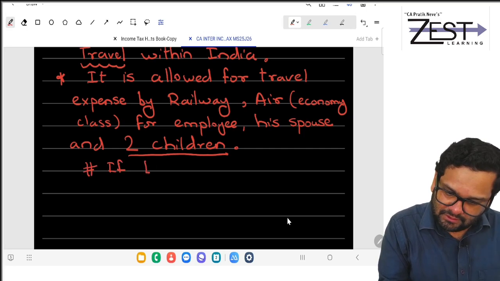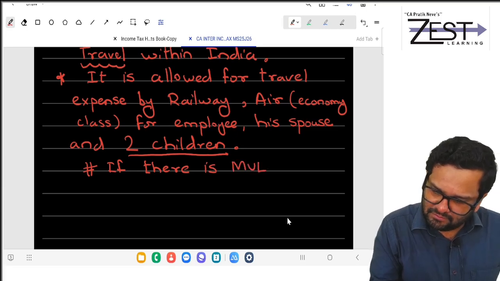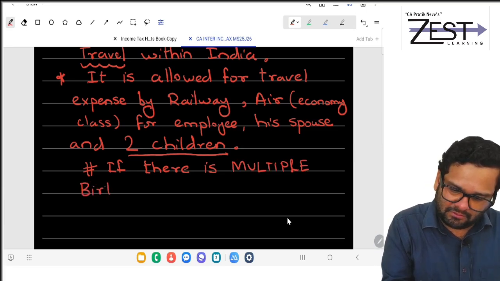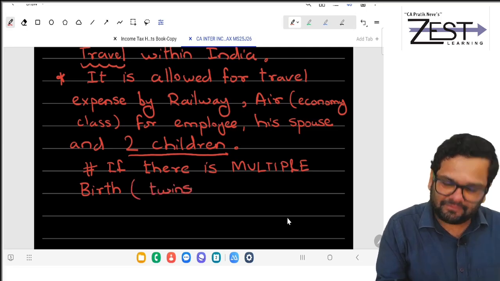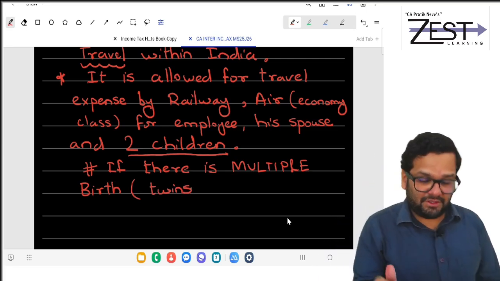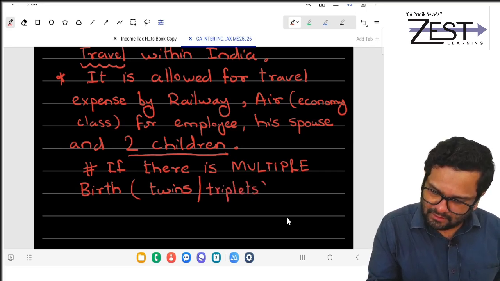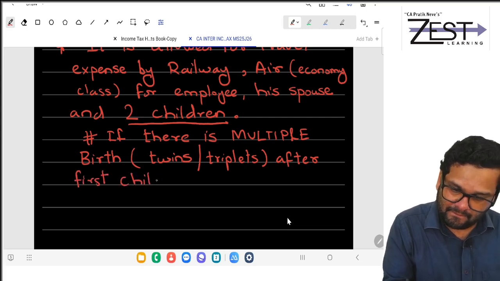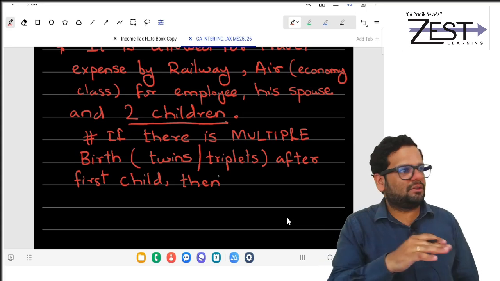If there is multiple birth, means twins or triplets, after the first child, then exemption will be allowed for all children.